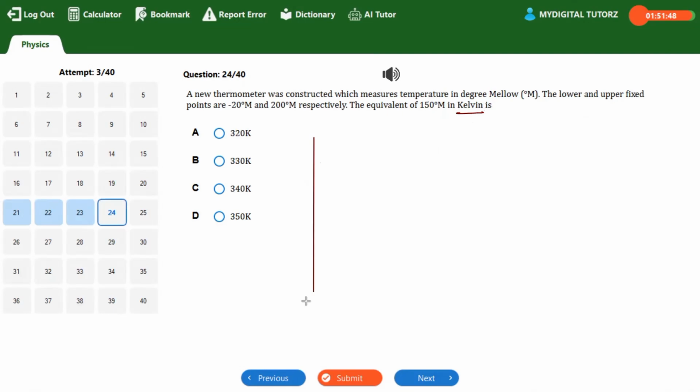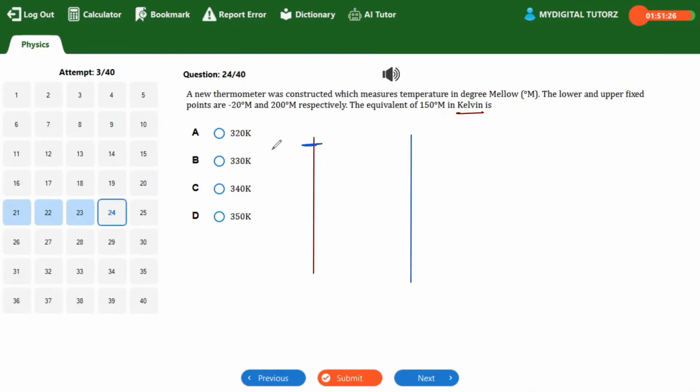So the new scale for temperature is this, and for the standard one, which you already know, that of Kelvin, is this, for instance. It was said that the lower and the upper fixed points for the mellow are this and this respectively.